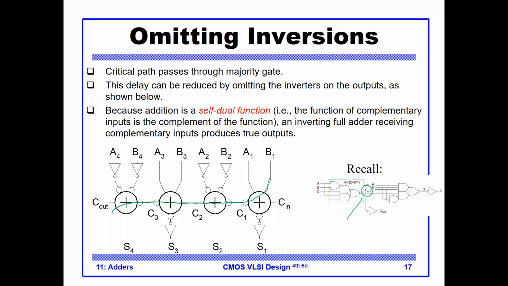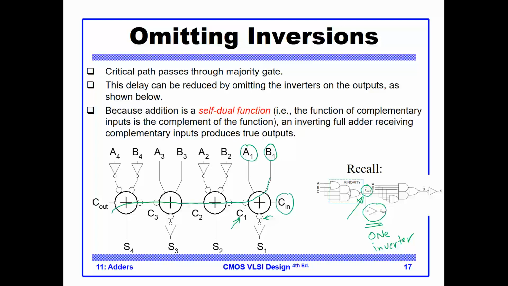And if I can use the C out prime instead of C out, I can save the delay of one inverter, and that's a good saving. But how can I do that? Well, we can have A1 with B1 and C1 as inputs, and I generate the sum inverted and the carry inverted. So how can I use the carry inverted?